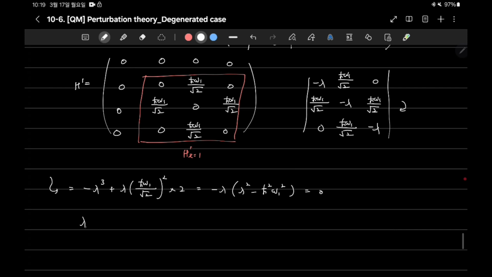So lambda is 0 or plus or minus h bar omega 1.